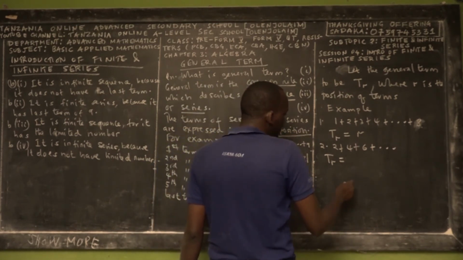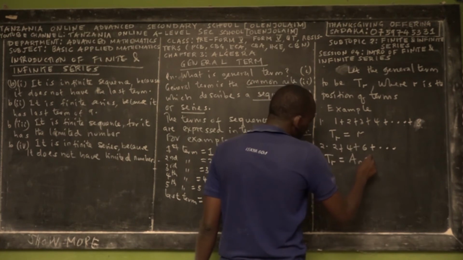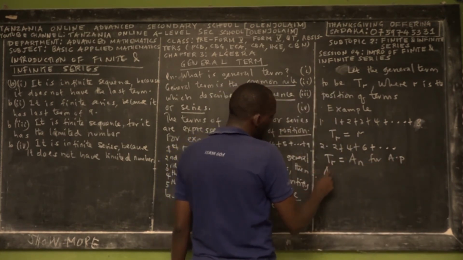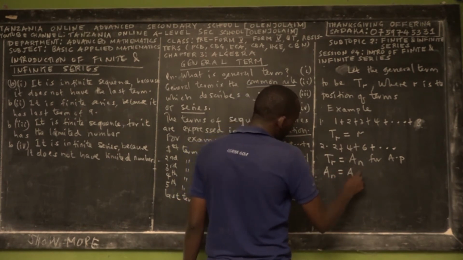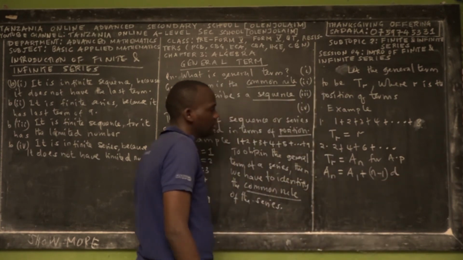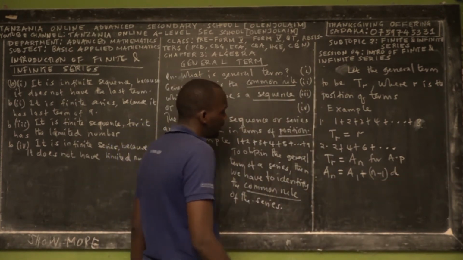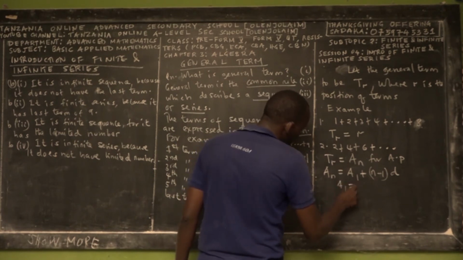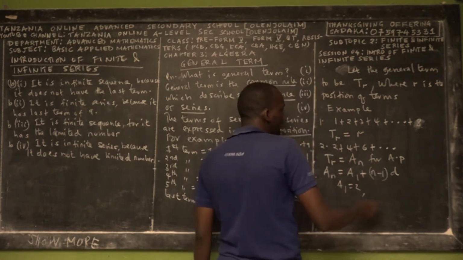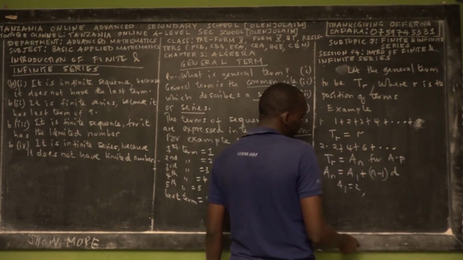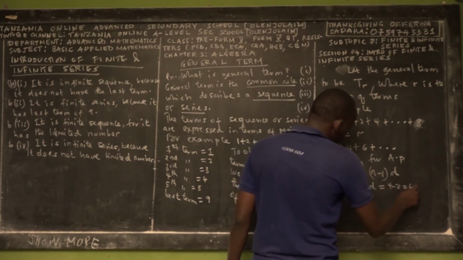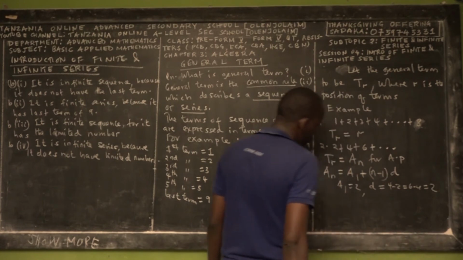Remember that the nth term, if you do remember, is equal to the first term plus (n minus 1) times the common difference d. The first term for this sequence is 2. The last term is n, going to infinity. Then the common difference is 4 minus 2, 6 minus 4, the common difference is 2.